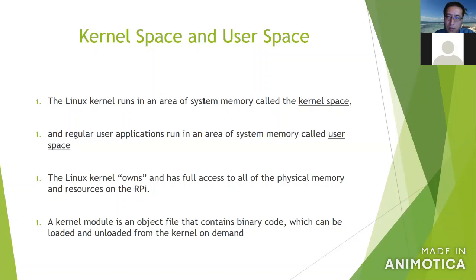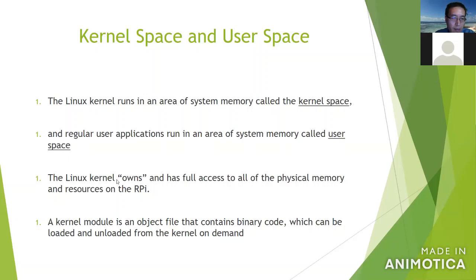So the kernel space is designated for the system applications, and the regular user applications run in an area of system memory called user space. So user space, kernel space, just from the name, we can find the characteristics or the functionality, the differences.